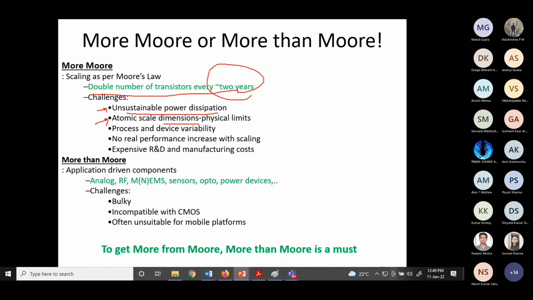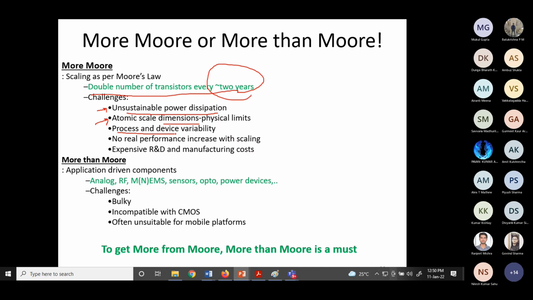And as you are going down and down and down in the MOSFET dimension, there will be lots of process and device variability. It's not easy, because if your gate length is 2 micrometer, a few tens of nanometer change here and there in dimension doesn't matter.